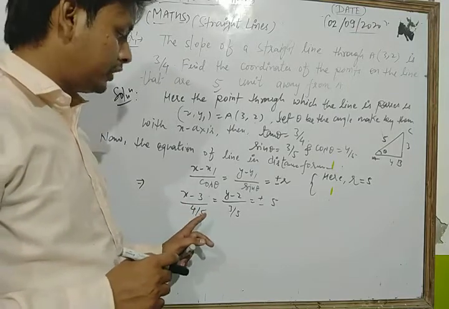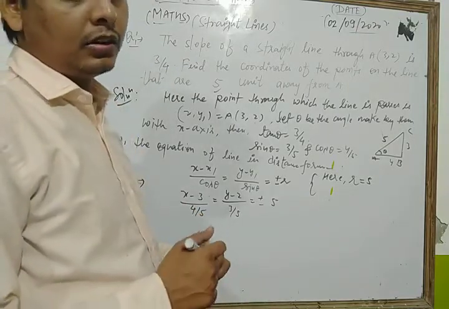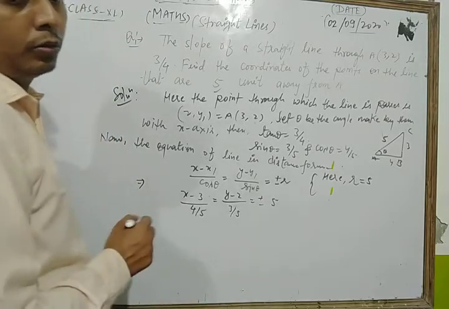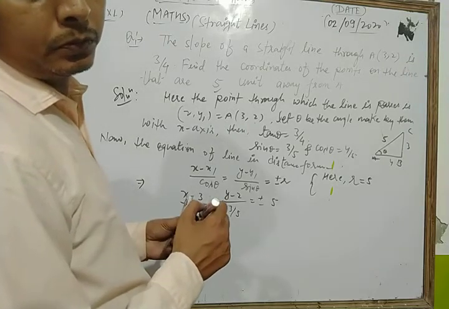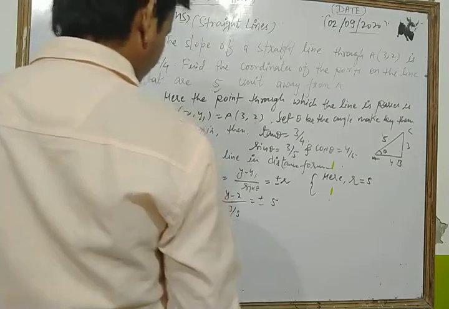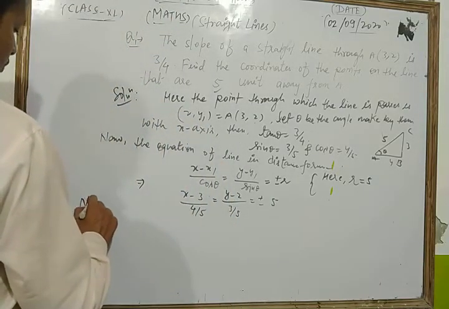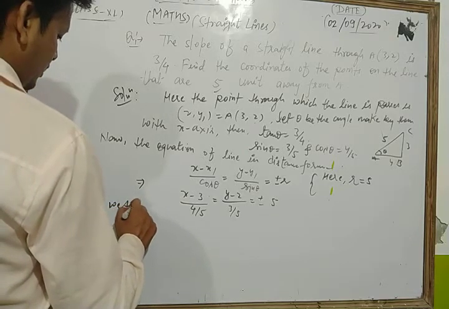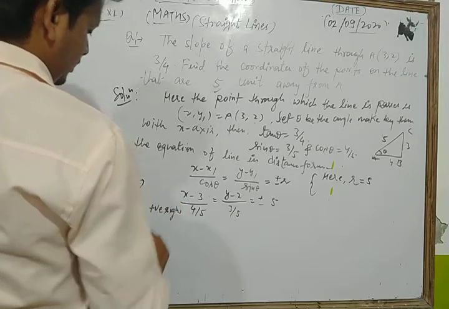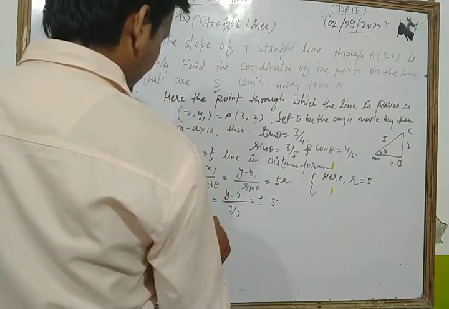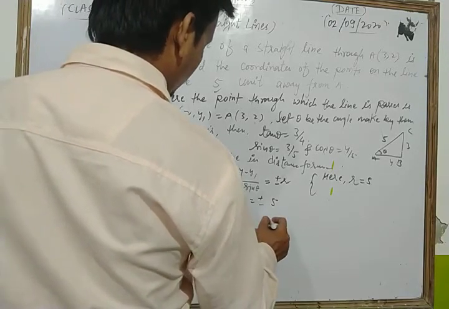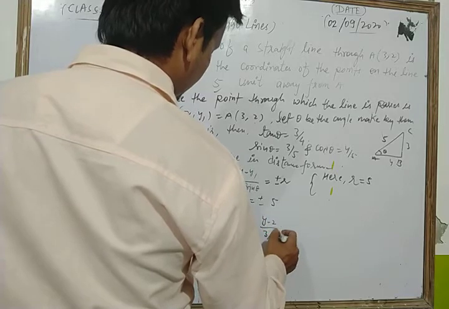Now first we take plus 5. We take the positive sign, then we get x minus 3 upon 4 by 5 is equal to 5, and y minus 2 upon 3 by 5 is equal to 5.